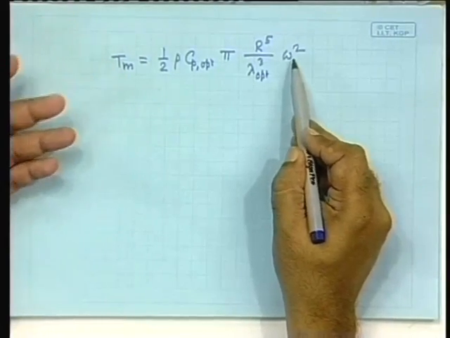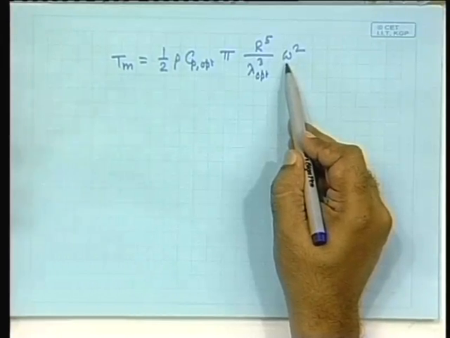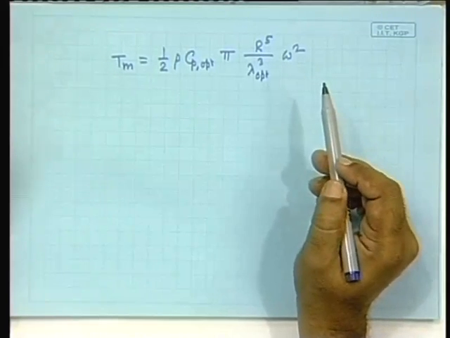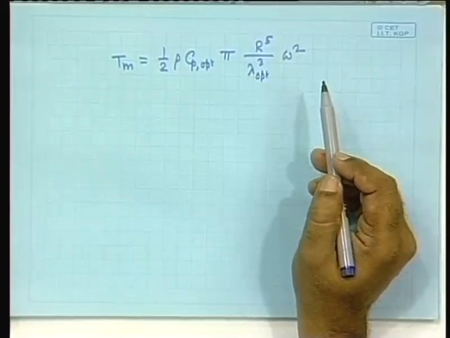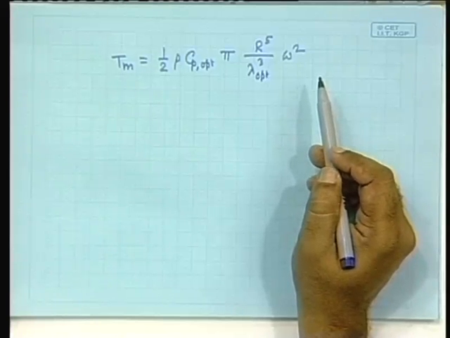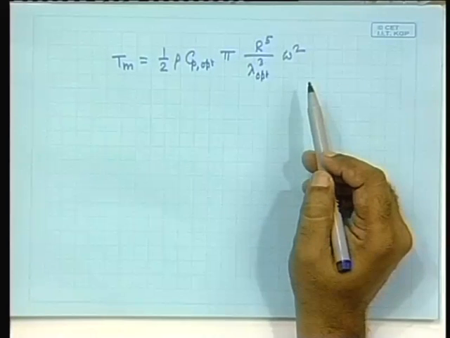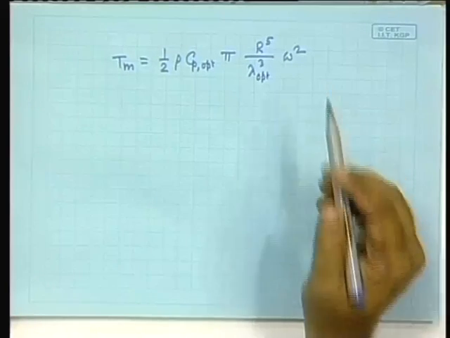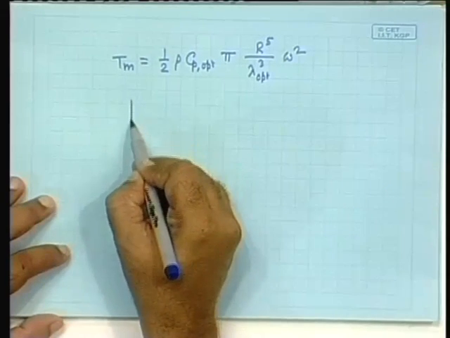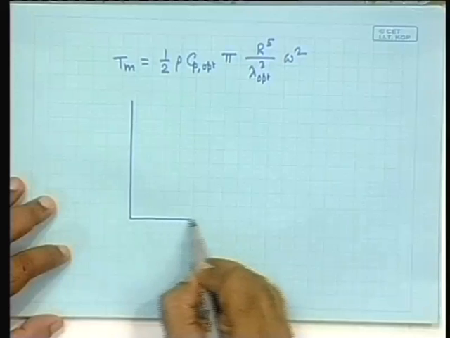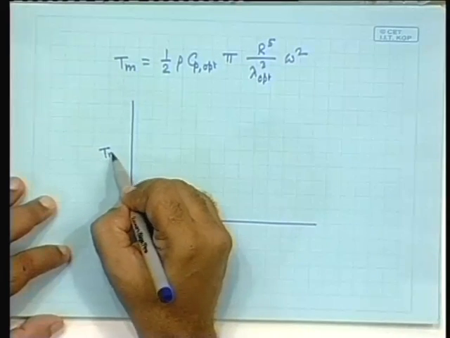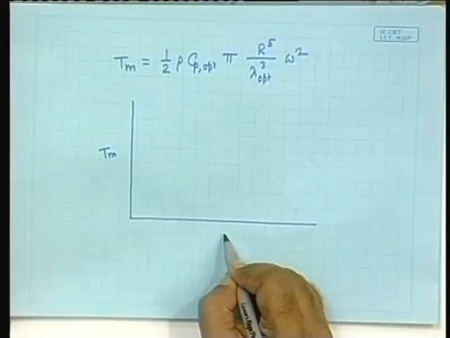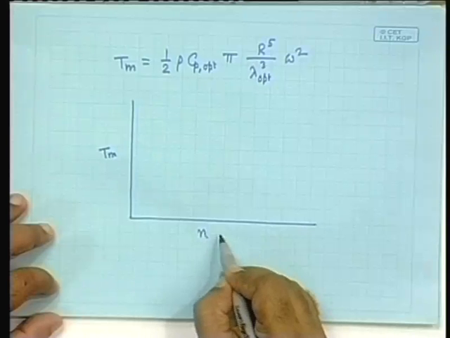Here it was omega cube, it will just become omega square. So, here also you will have somewhat similar characteristics of the mechanical torque versus speed n in RPM.